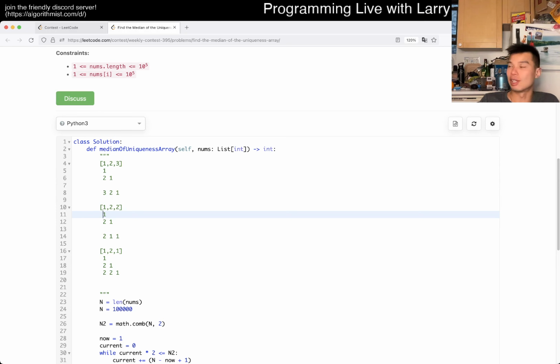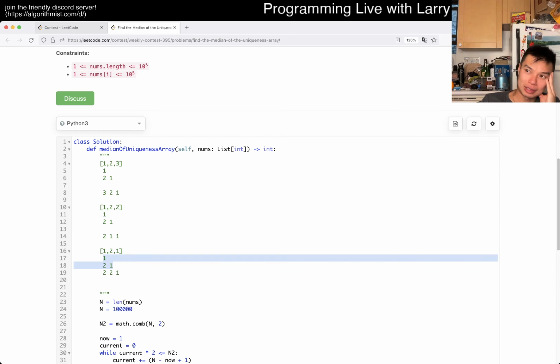If this is segment tree, I'm not going to be happy. Because it's almost like I have all these things, but I want to add this to it.